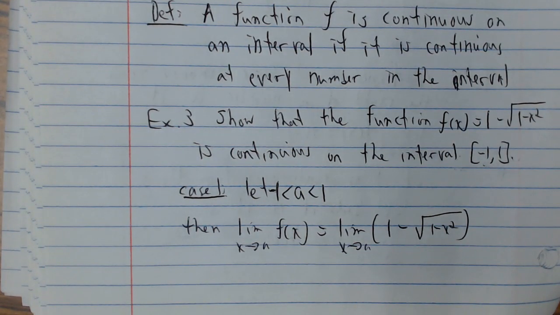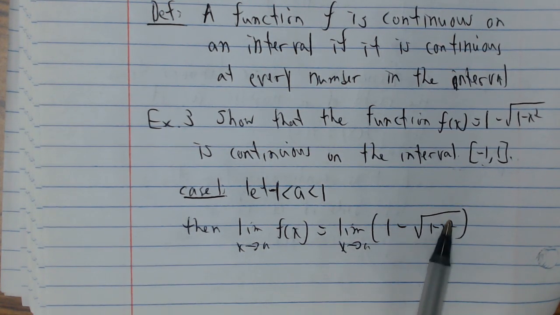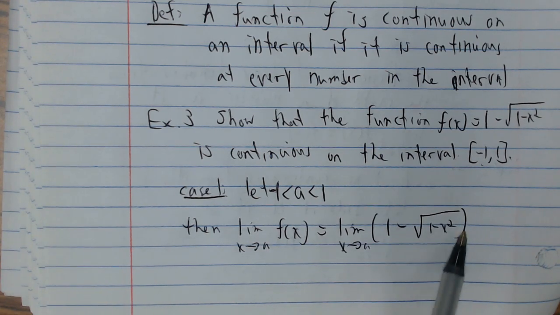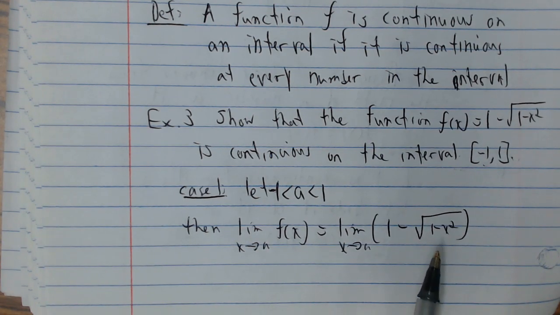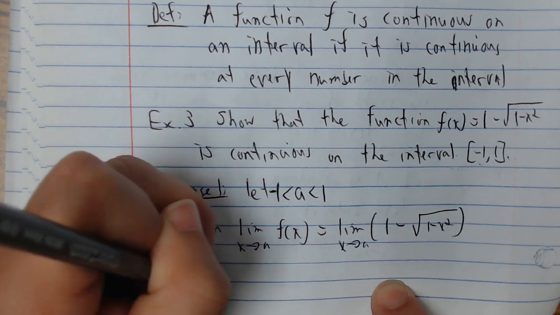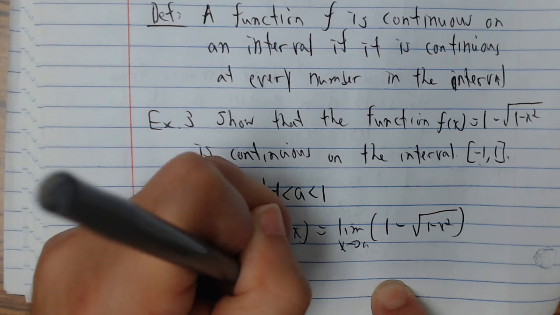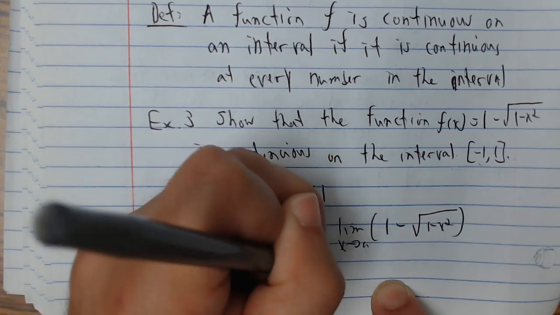And in this case, the good news is I could use direct substitution, because as long as this doesn't have any cuts or breaks or discontinuities or anywhere that it's not defined, I could just plug in a and use direct substitution, which let's actually go through with this. So the limit as x approaches a of 1 minus the limit as x approaches a of the square root of 1 minus x squared.